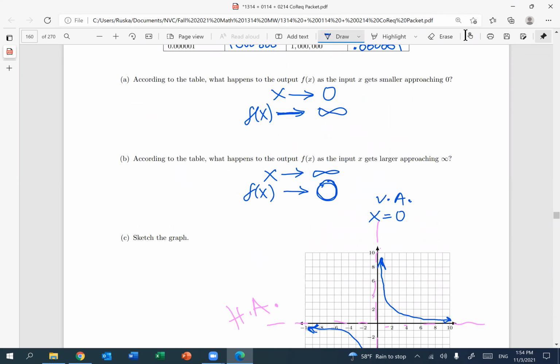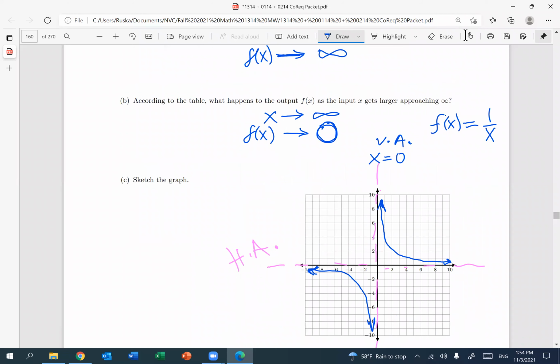So let me write it here so we can see it together. f of x, the function, is 1 over x. See, the bottom equal to 0 gives you the vertical asymptote. Everybody see that? When x is 0, you don't have a graph, because the graph is going close to 0, but you never cross it. You never get x equals 0. Make sense?